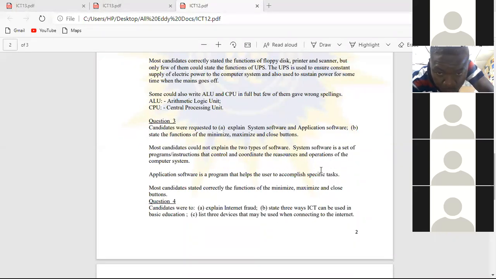Application software is a program that helps the user to accomplish specific tasks. Most candidates stated correctly the functions of the minimize, maximize, and close buttons. Candidates were to explain internet fraud, state 3 ICT tools, state 3 ways ICT can be used in basic education, and list 3 devices that may be used when connecting to the internet.